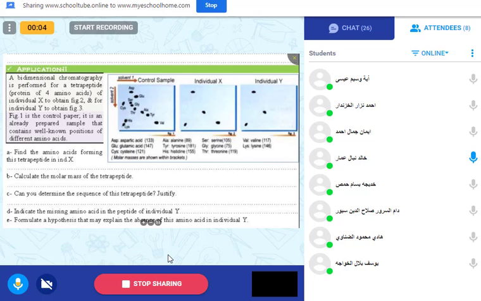Continue, Khaled, please. That is an already prepared sample that contains well-known positions of different amino acids.